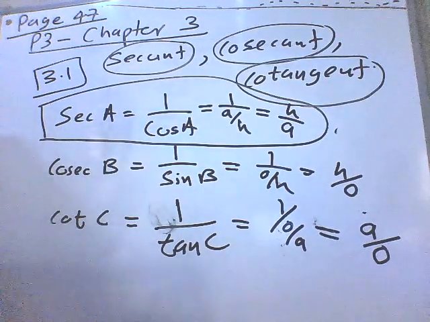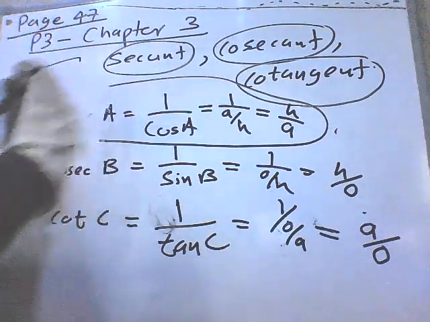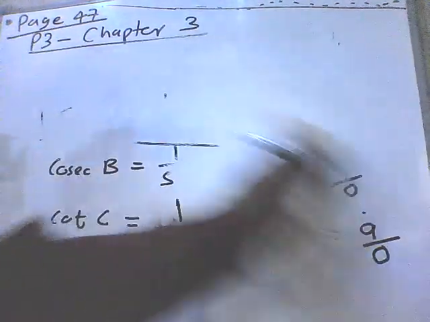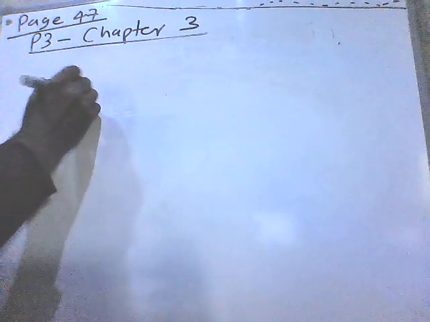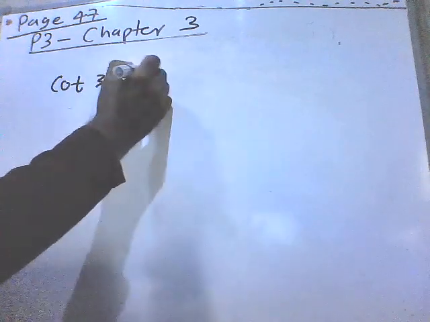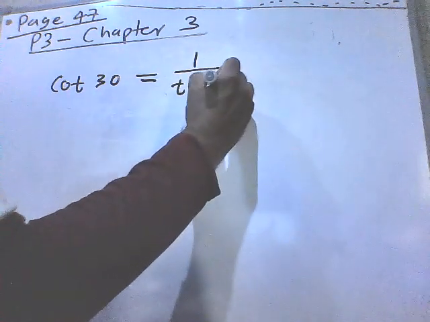Now I'll do an example. If you are told to find cot 30, that is equal to 1 over tan 30.